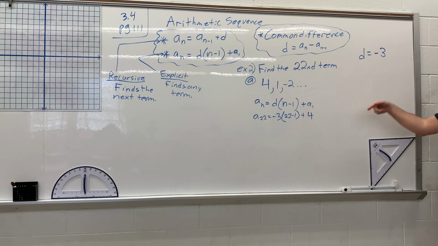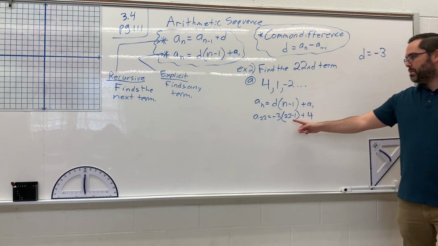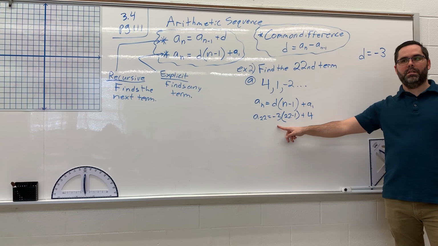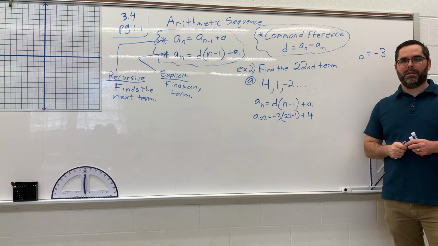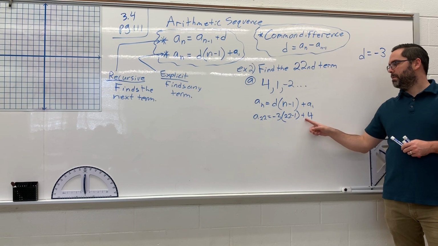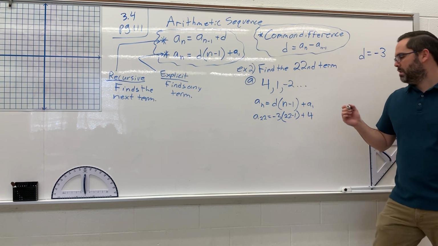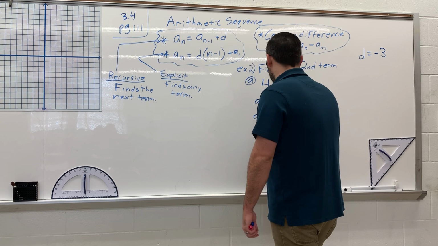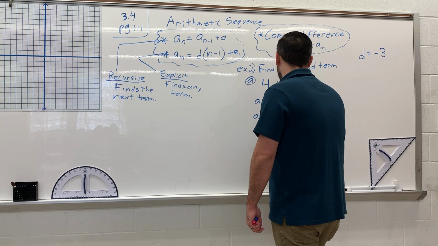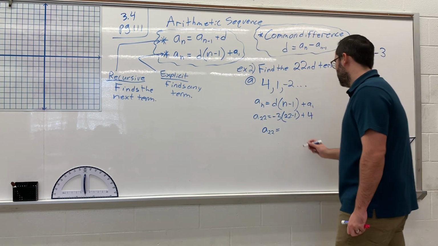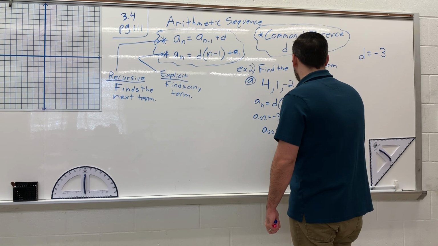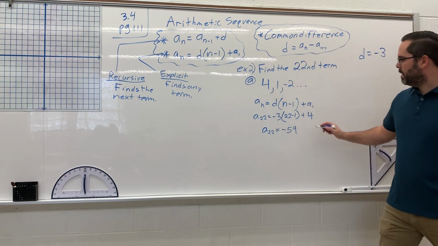So what's 22 minus 1? 21 times negative 3 is? Negative 63. Negative 63 plus 4 is? Negative 59. That's my answer.